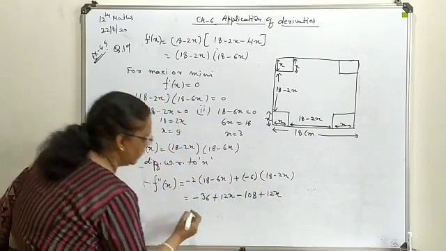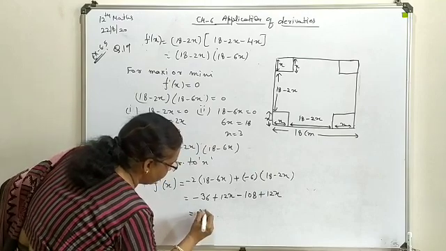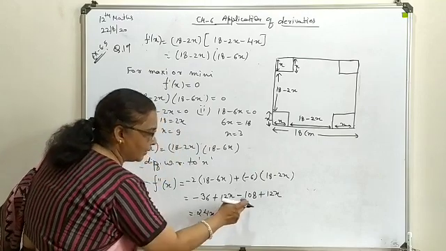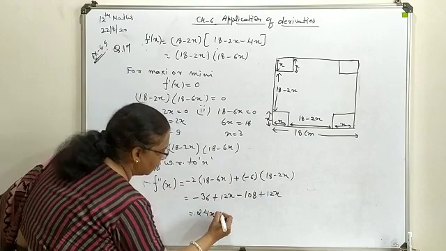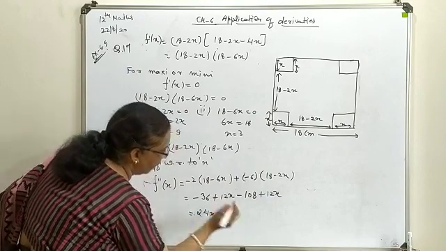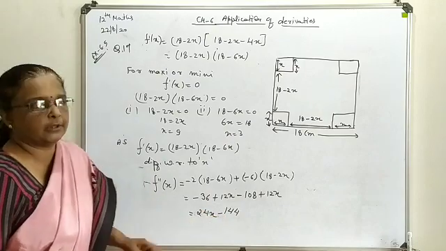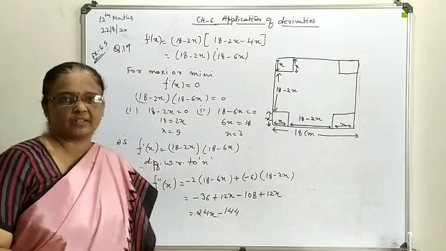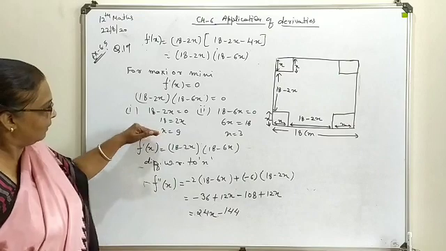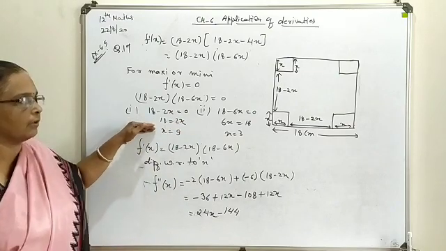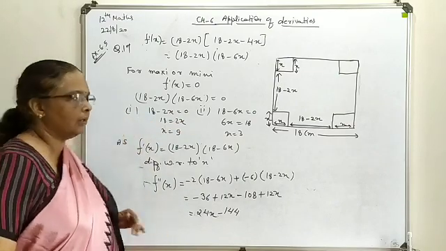Combine your like variables, that will give you 24x. Make them add, that will give you minus 144. So this way you will have this linear combination for further evaluation of maxima and minima. Now one by one these two x values we are going to discuss for maxima and minima solution.